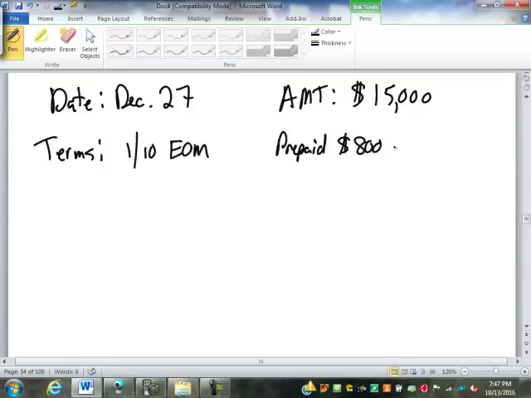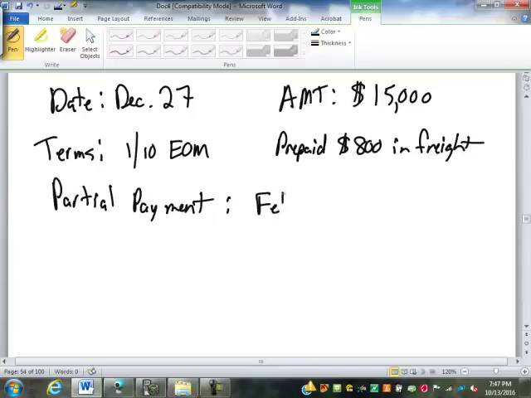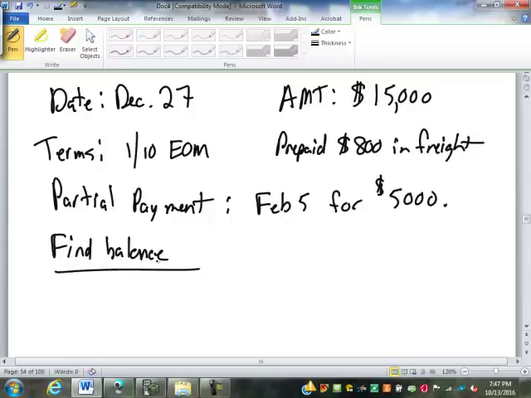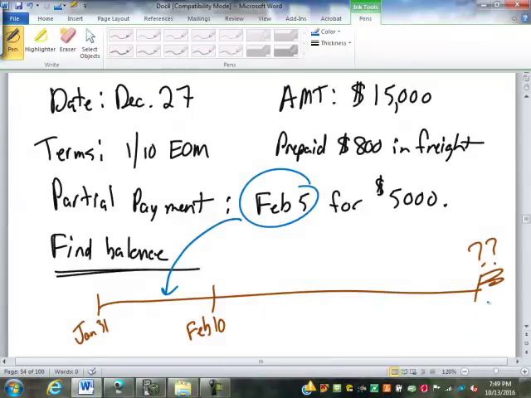Prepaid $800 in freight. Partial payment made on February 5th for $5,000. Find the balance. I'll give you a couple minutes. So I'm going to start off by giving you the timeline.